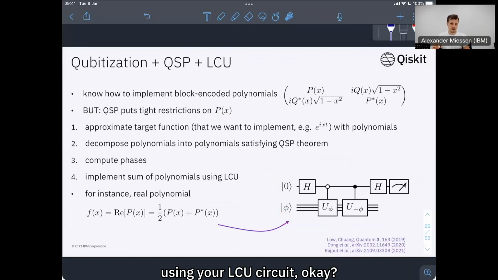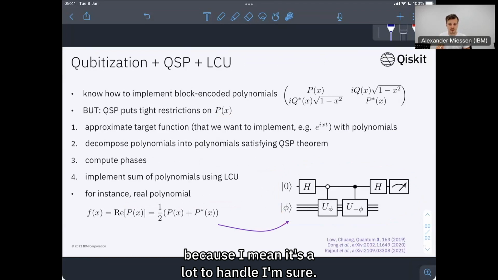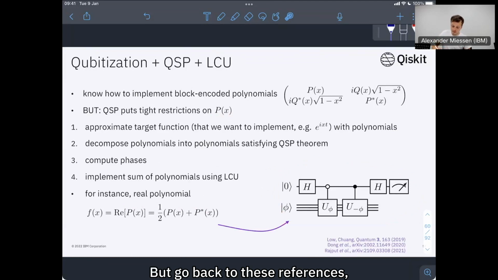Okay, so that's all "in quotes", because it's a lot to handle, I'm sure, but go back to these references. They explain this very well. This first one by Low and Chuang is the original reference of qubitization.